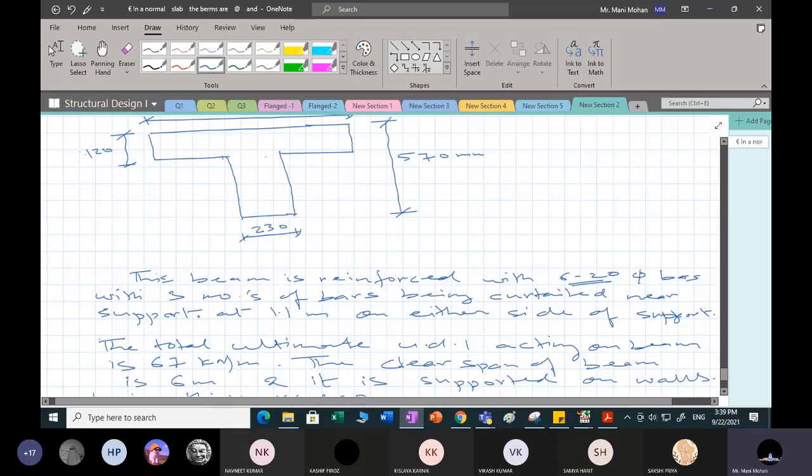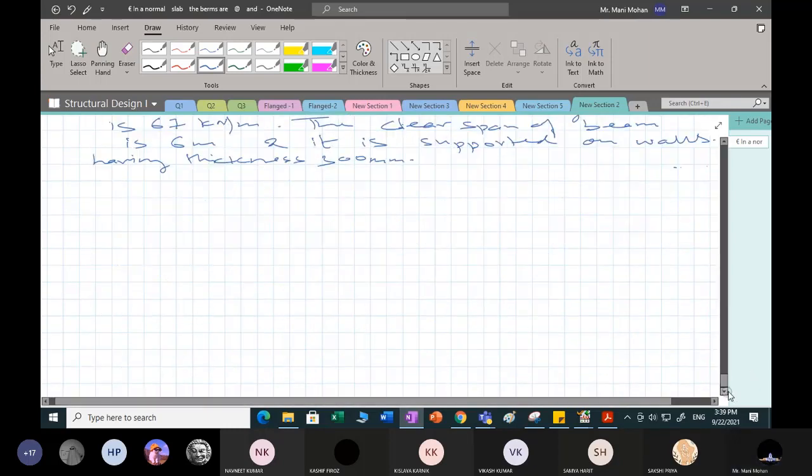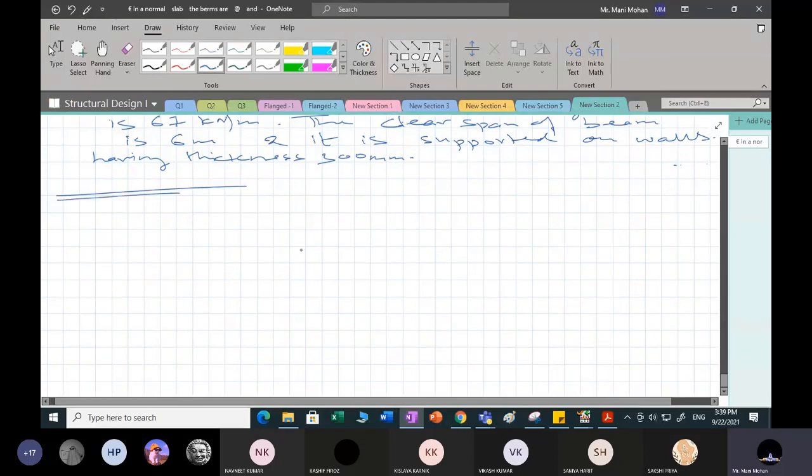So the contribution from concrete for the shear strength is going to be less near support compared to what you are going to have at midspan. But also we know that at midspan your shear force is going to be less compared to what you are going to get near support. So first, I would like to know for what shear force I should design.